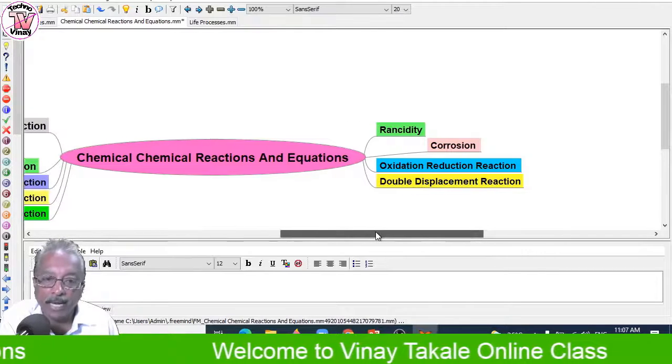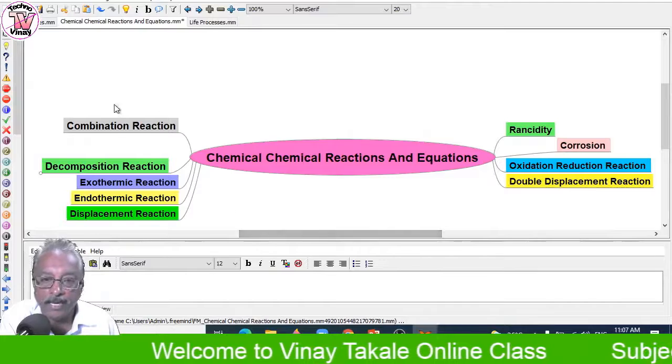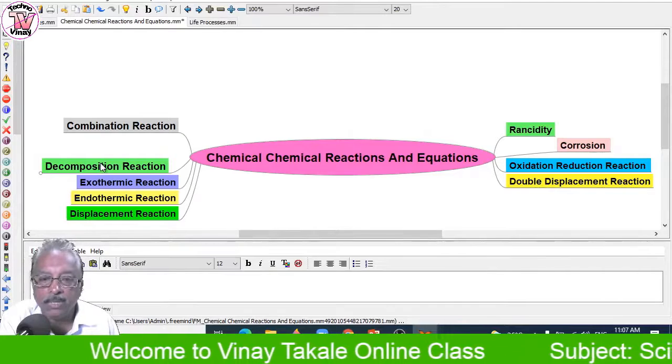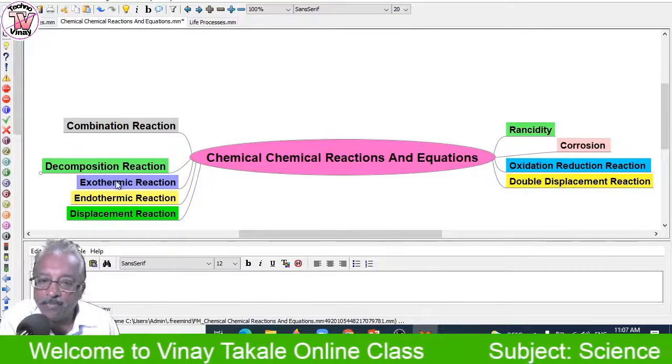So these are the different types of reactions that we are going to study here, nearly 7 to 8 types of reaction.